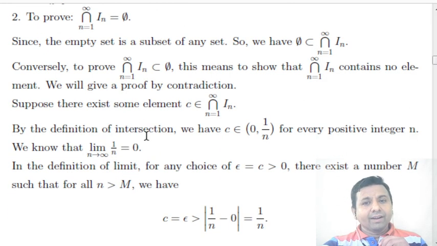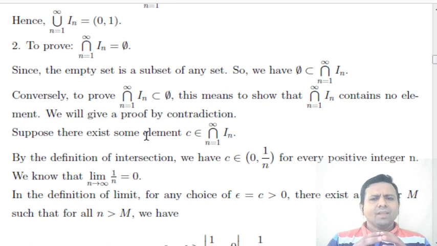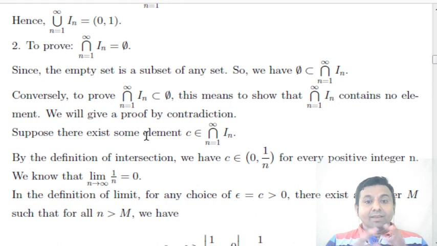Now the very interesting proof is this: the intersection of In equals phi. Here we use many of our calculus results. Here we have to prove that A is a subset of B and B is a subset of A. The second part is very easy: the empty set is a subset of any set.